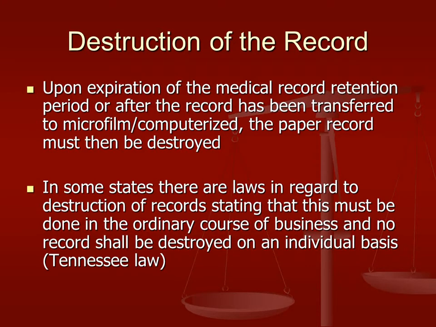They give you another example, Tennessee law, that it has to be done in the ordinary course of business and no record shall be destroyed on an individual basis. Now, that's very important, and even if the law wasn't on the books, we should never do this.